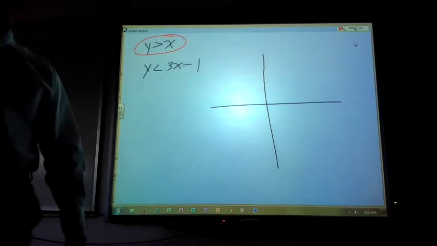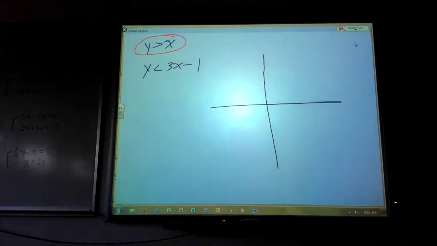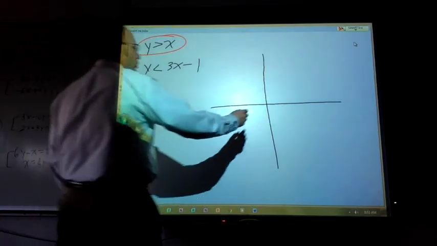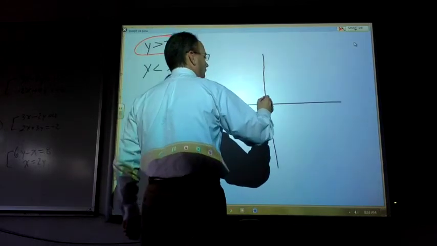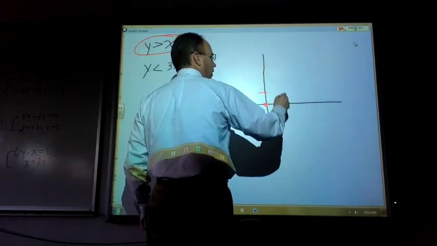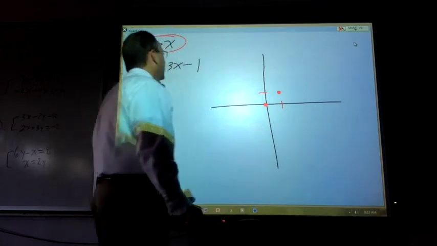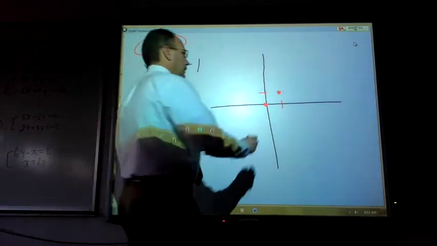What does that line look like? Straight, diagonal. What is the y-intercept of that line? 0. What's the slope? The number in front of x is 1, so up 1, right 1. Solid or dotted line? Dotted.